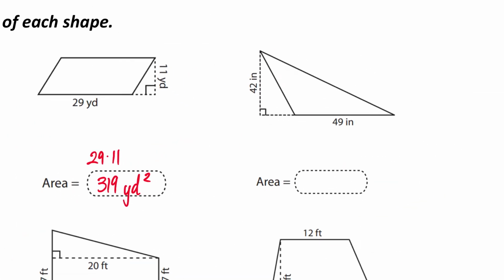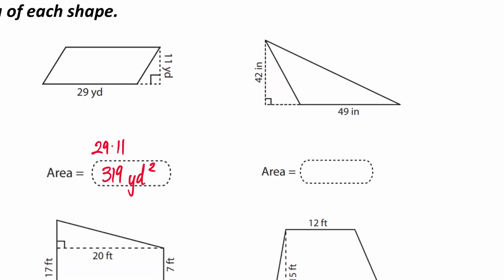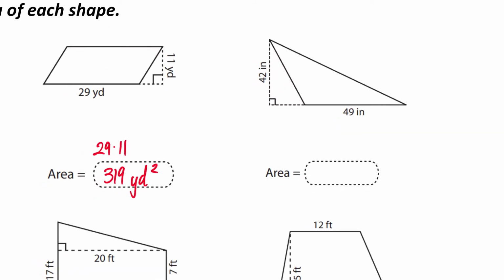So how do we find the area of a triangle? What's the formula?